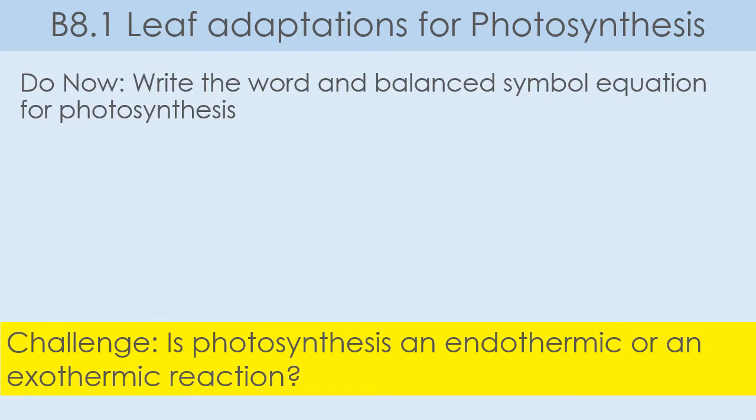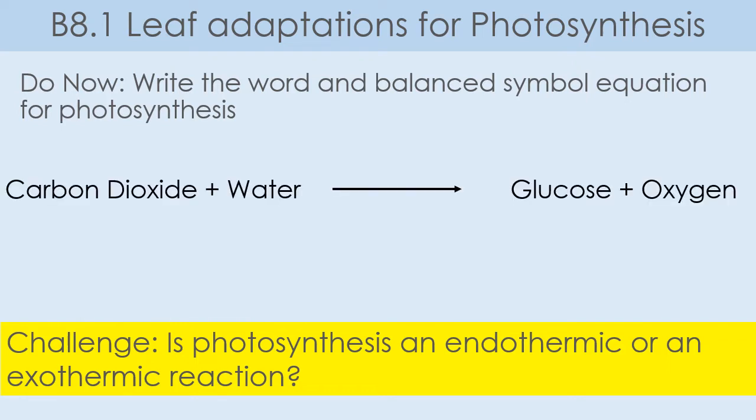So our word equation for photosynthesis, we've got carbon dioxide plus water. They are our reactants. We get the arrow, so it goes to they make glucose plus oxygen. Now obviously we need light to make it happen, so we write light above that arrow.